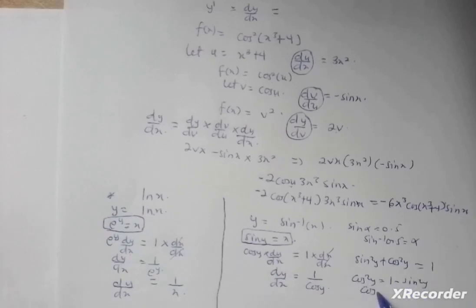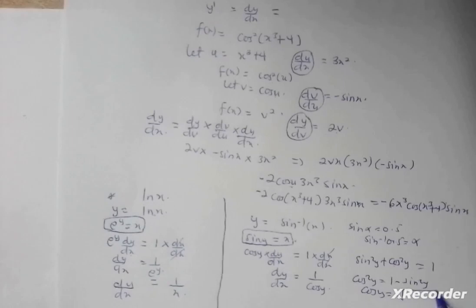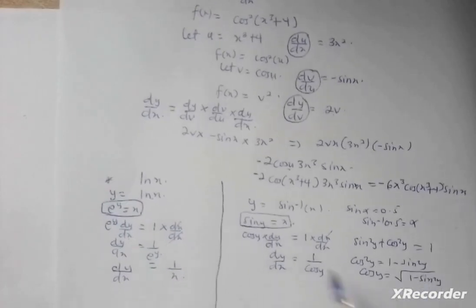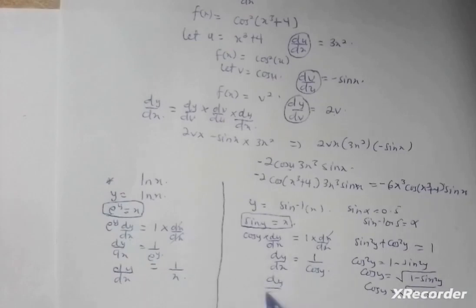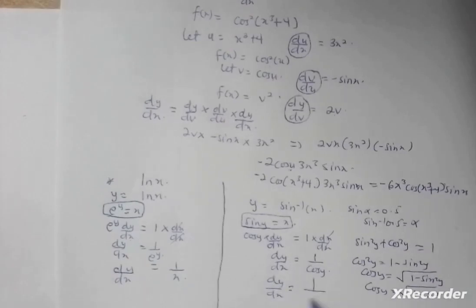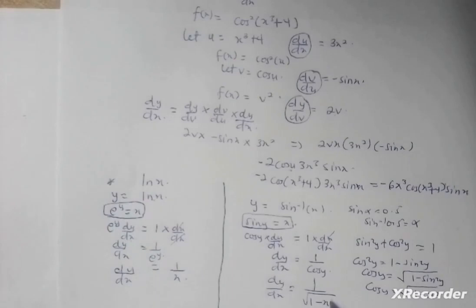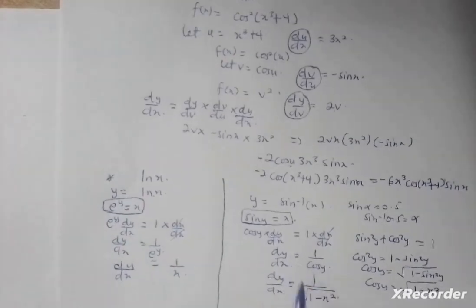Hence, the cos y is simply equal to the square root of 1 minus sine squared y, where the sine y here is x. So my cos y is simply square root of 1 minus what? x squared. Therefore, I'll get my dy over the dx to be equal to 1 over the square root of 1 minus x squared. This is how we got the inverse derivatives that we solve.